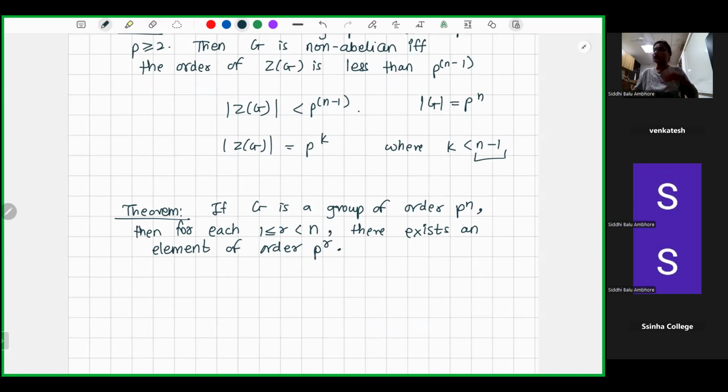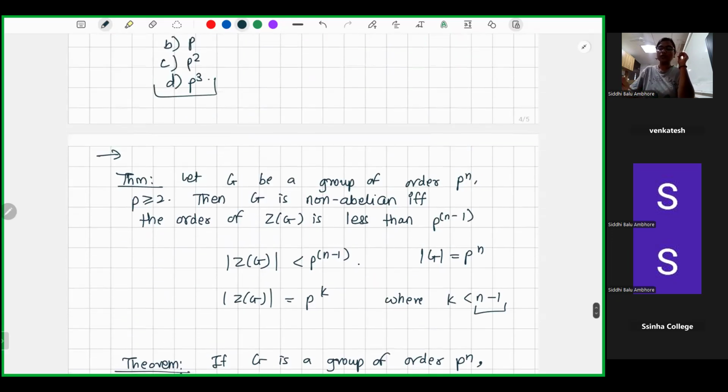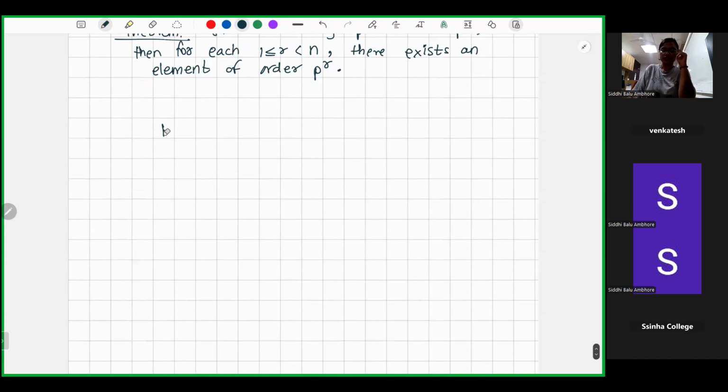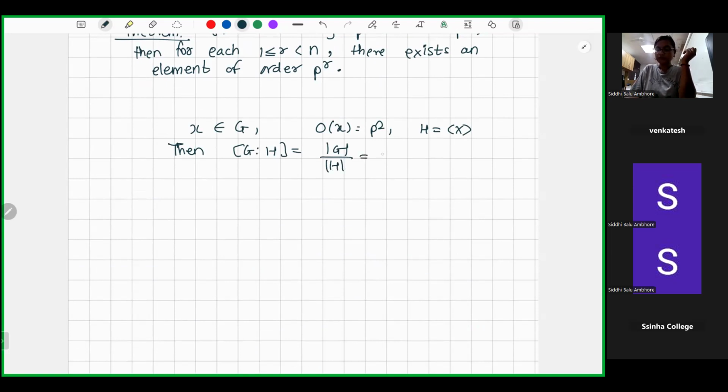Okay, so this is a theorem which we can use, and using this for r equal to 2, we will have some element of order P square in G. And if I take this X in G such that the order of X is P square, then this index will be P, which is the least possible.